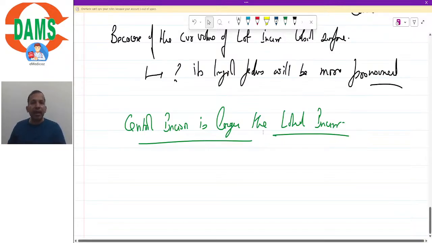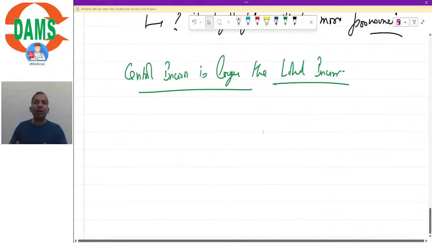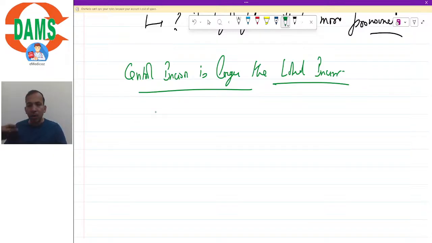But right now we are comparing these incisors with each other. So if I ask you, though the size is greater for central incisor, do you think the features would be more prominent in lateral incisor? Now when you say prominent, prominence does not imply size. It just means that they are more visible. So let's talk about the lingual anatomy.